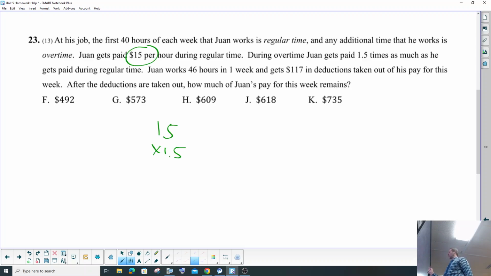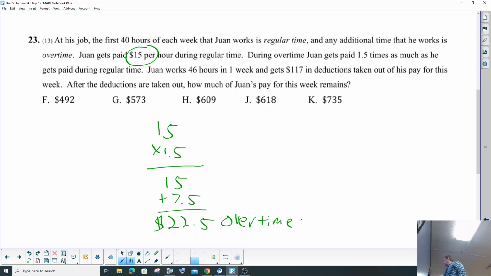What's half of 15? It's 7.5. So 15 plus 7.5 is $22.50 an hour. And that's for the overtime pay. That's important to denote.